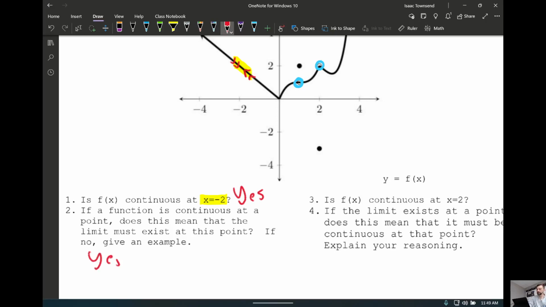So I would say yes. If it's continuous at a point, the limit needs to exist at that point. Remember, for a limit to exist, it has to approach the same number from the left and the right. So if it's not approaching the same number from the left and the right, then the graph must have some kind of break in it.